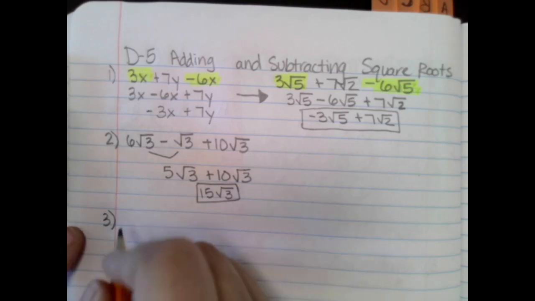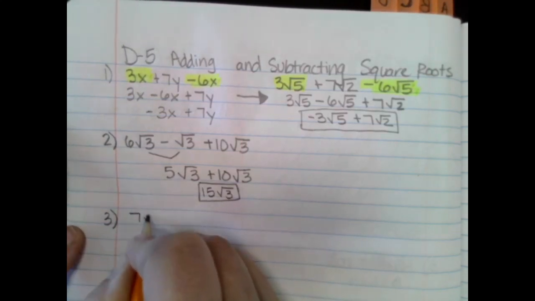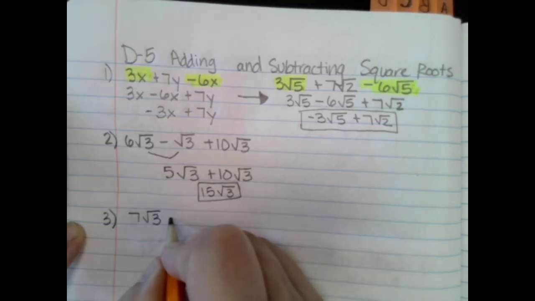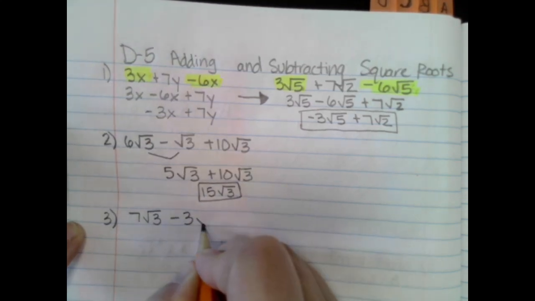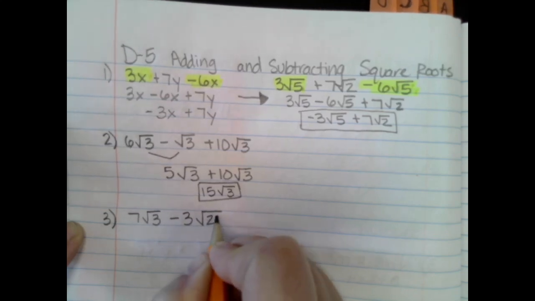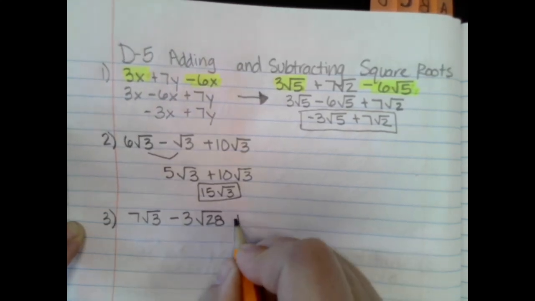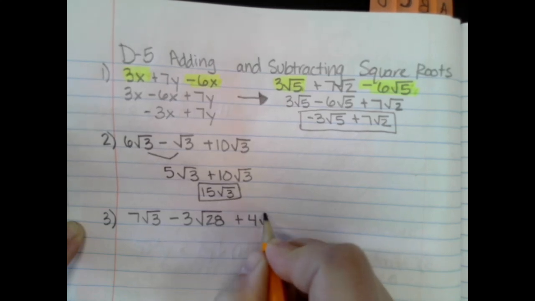Number 3, we have 7 square root of 3 minus 3 square root of 28 plus 4 square root of 7.